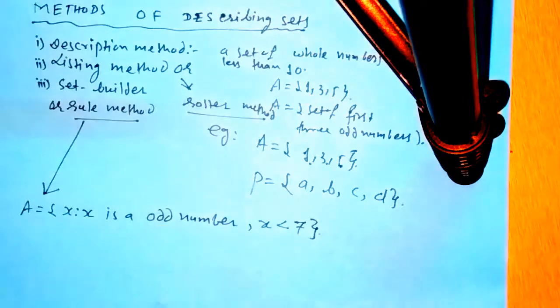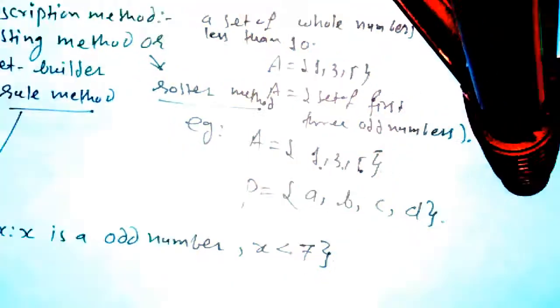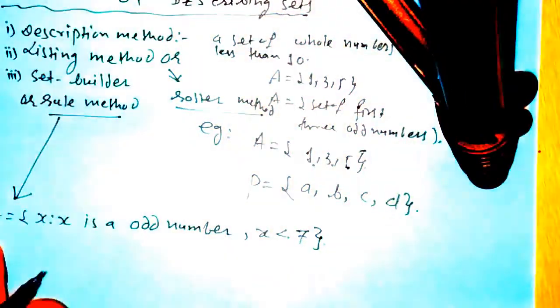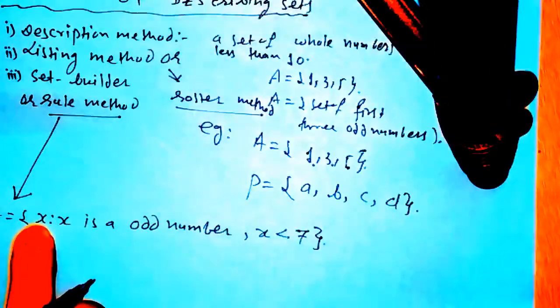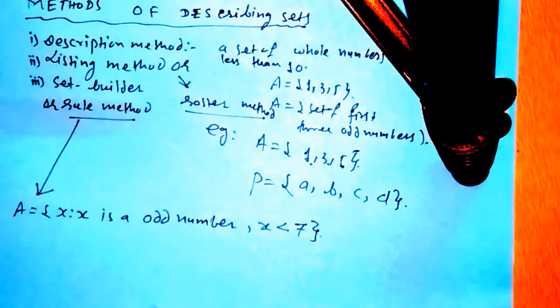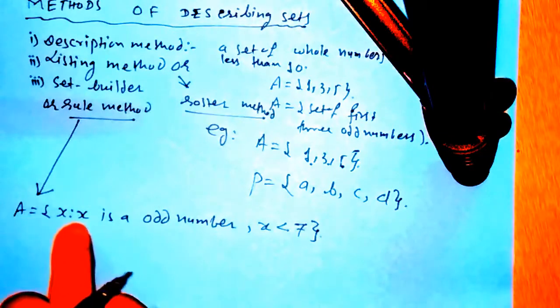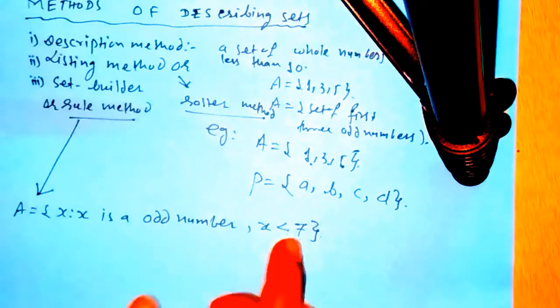So here you can see set A, where x such that x is an odd number where x is less than 7.